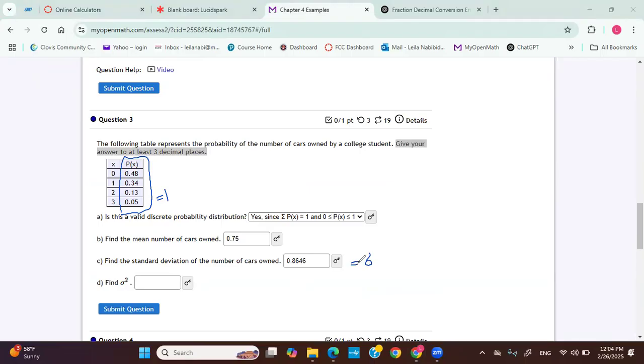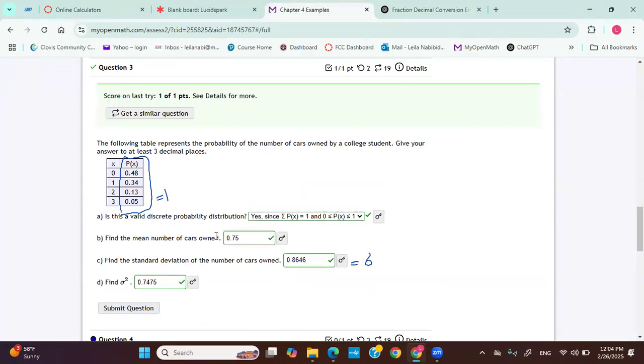Just square that one, use the calculator and see what we get. 0.8646, if I square it, gives me 0.7475, and it has more decimal digits, but I can stop here because it's just asking for at least 3. Now, if I submit this question, you will see that all answers are correct.